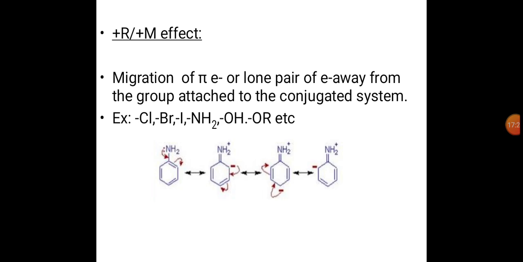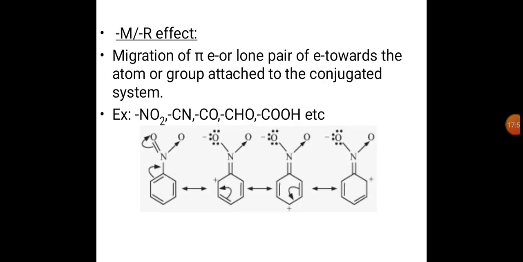Electrophiles are nothing but electron deficient species or electron poor species. Thus, electron poor species will definitely attack the electron rich species, and thus the products formed can only be an ortho or a para product. Next is the negative mesomeric or the negative resonance effect.